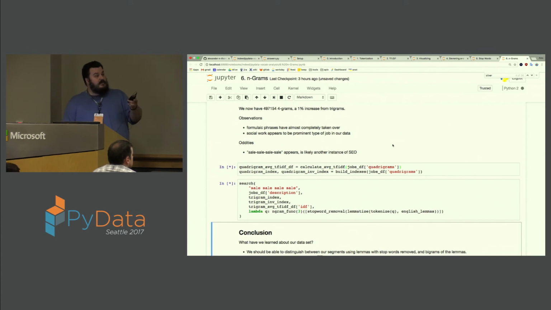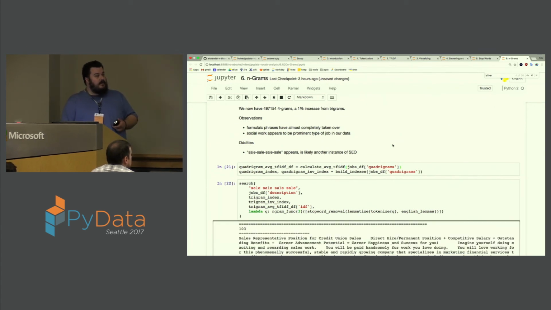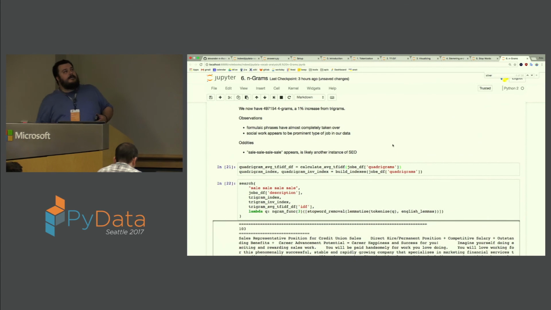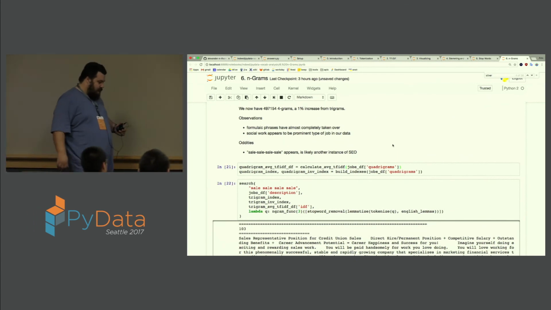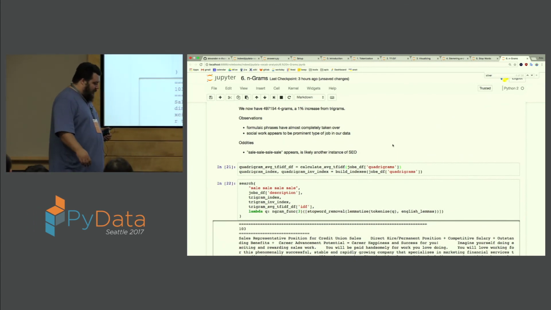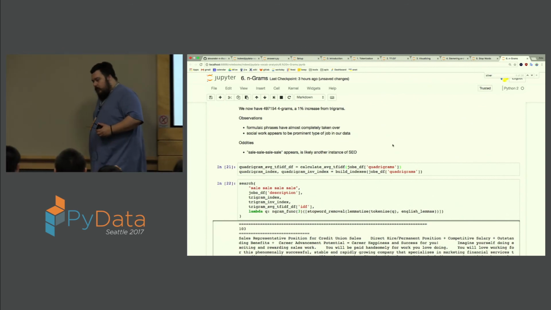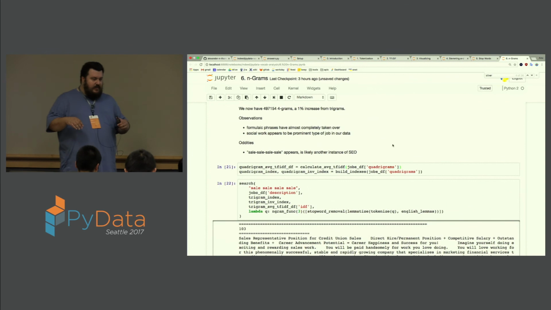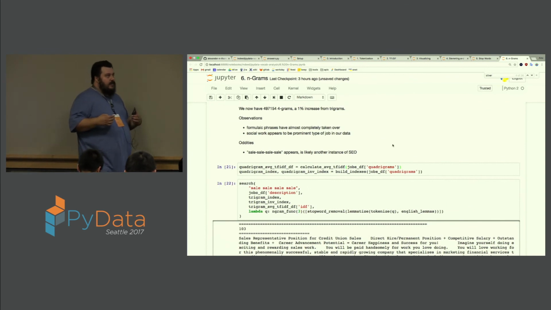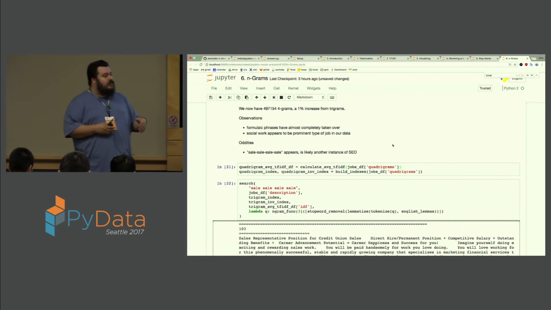Why are there more quadrigrams than trigrams? So, the idea is that when you're making these n-grams, there are more unique ways to make a quadrigram than a trigram, right?